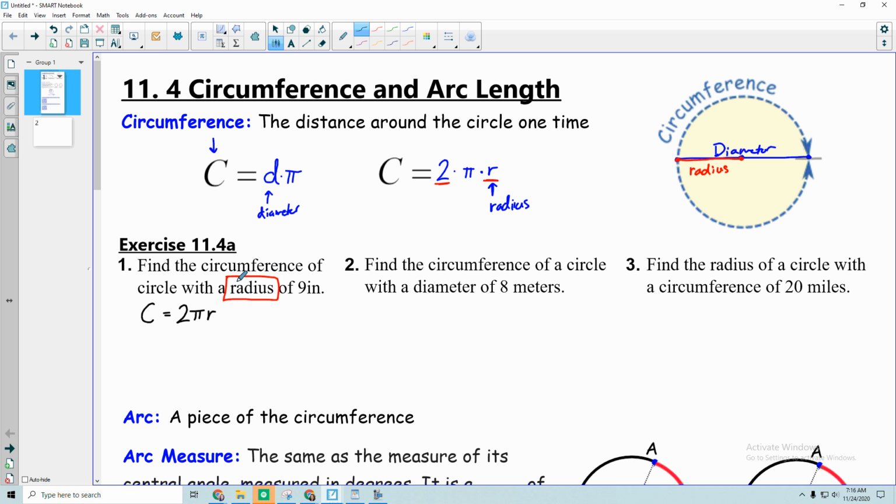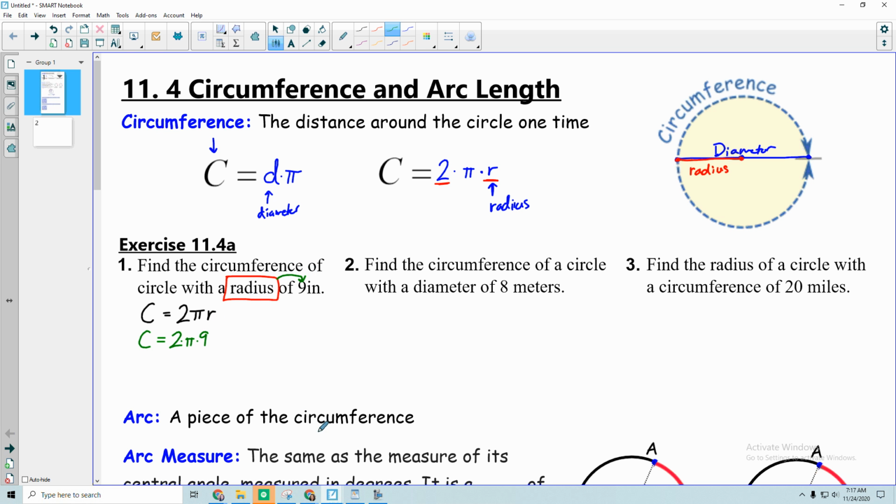Okay, so since it has a radius of 9, where r is, I'm going to go ahead and replace that with 9. So then I'll get circumference is equal to 2 times pi times 9, plugging in for the radius a value of 9.